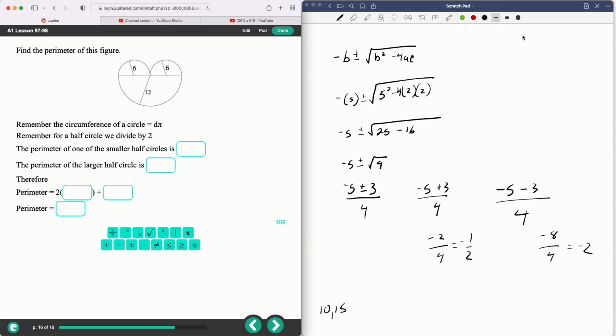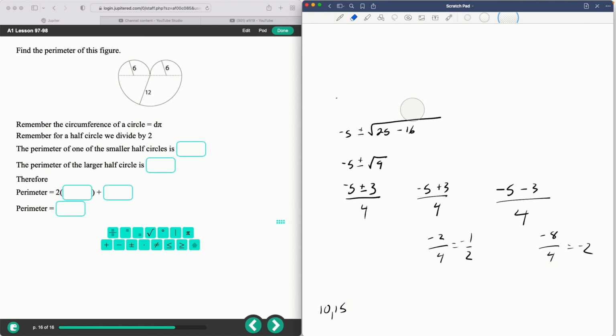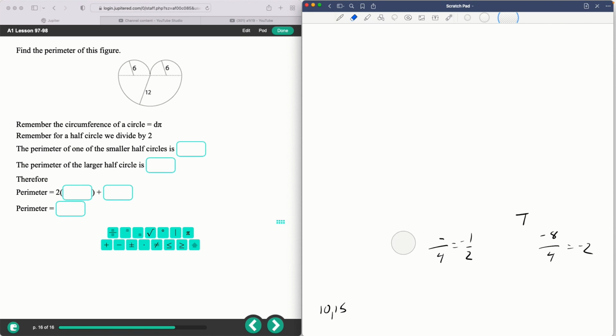All right, number 16. So I have to remember that the circumference of a circle is d, which is the diameter, times pi. And for a half circle, we divide that by 2.